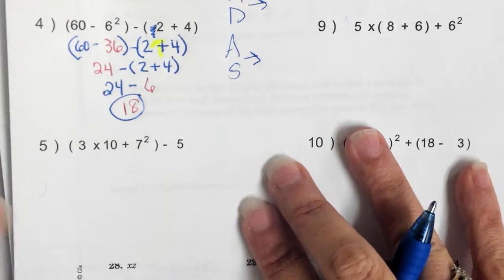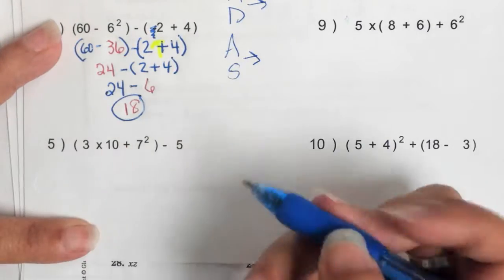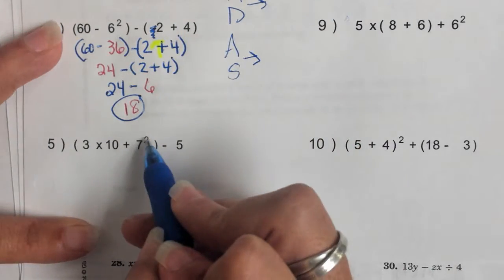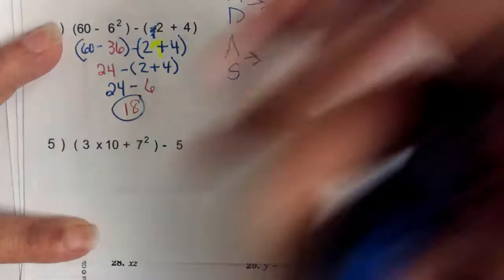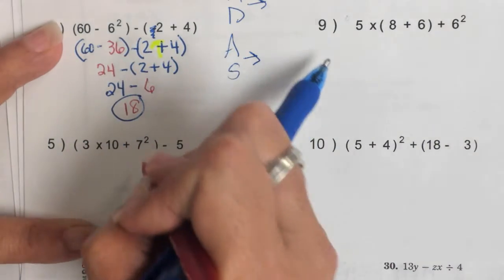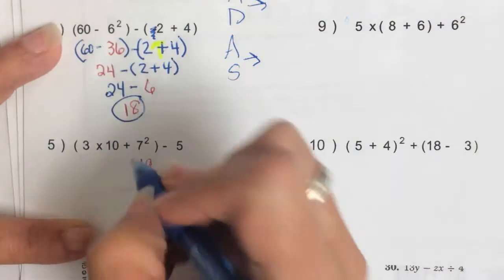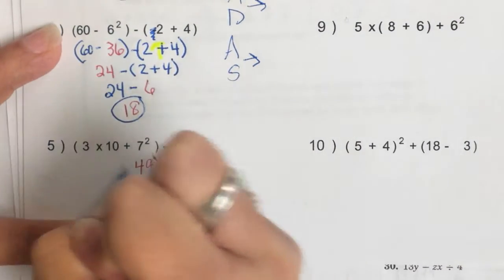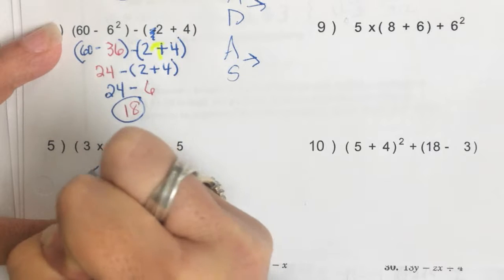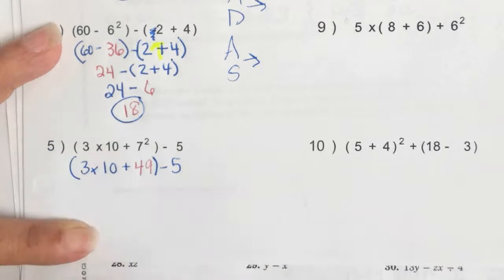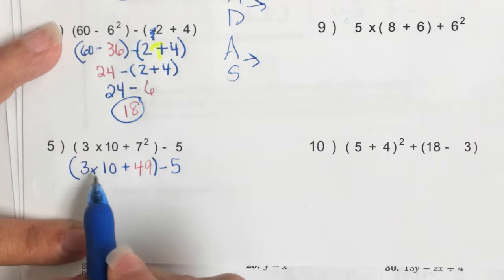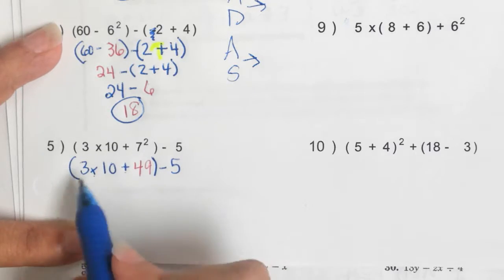And number 5, ooh, I like this one. It's got a couple different steps. 7 squared should be first, which is 49. Good, good, good. I'm going to bring down everything else. Okay, in the parentheses, should I do multiply or add?